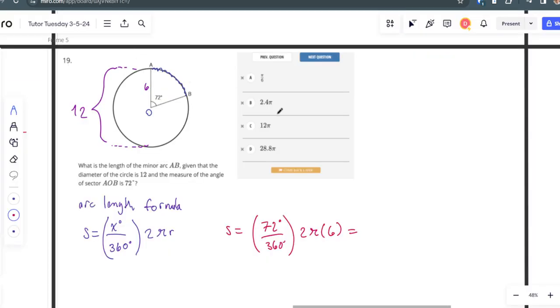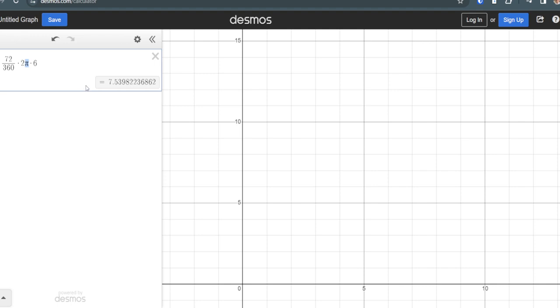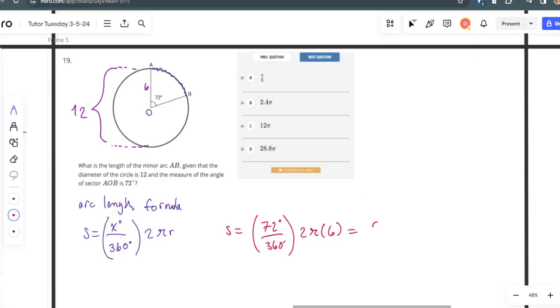They have their answers in terms of pi, so I'm just going to leave out the pi and see numerically what that computes to. It computes to 2.4, and then I'm going to throw the pi back in there, so 2.4 pi. It's a good equation to remember for sure, and I don't think it's actually on the reference sheet.